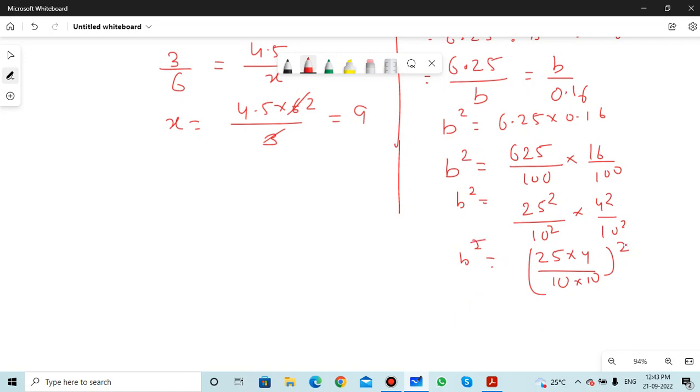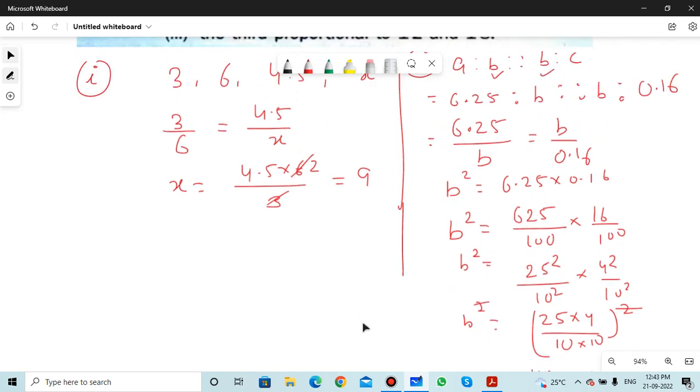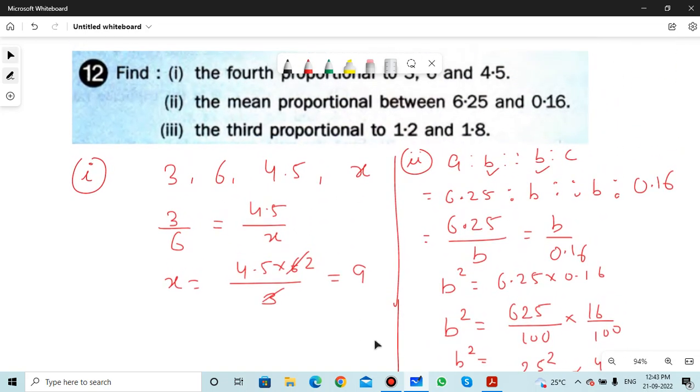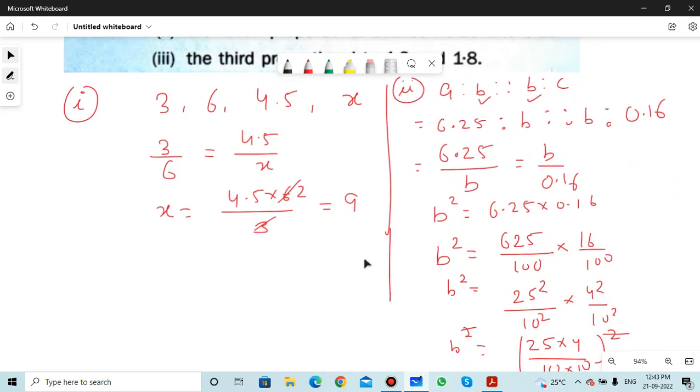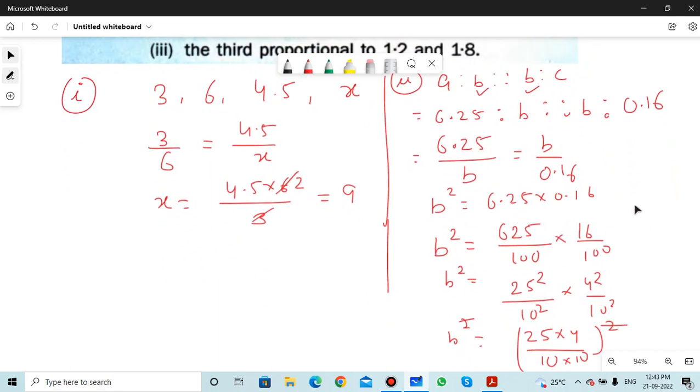So why carry it so long? B is equal to 25 into 4 is 100, upon 100, is equal to 1. So the answer here will be 1. The square root of this is simply 1.